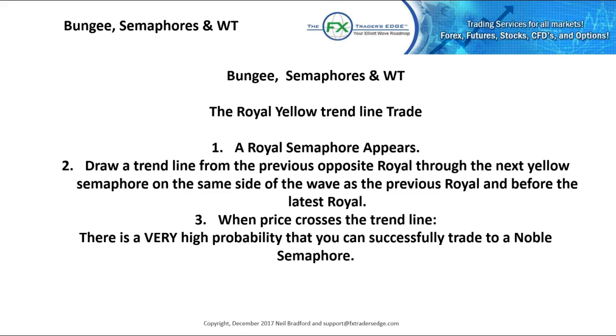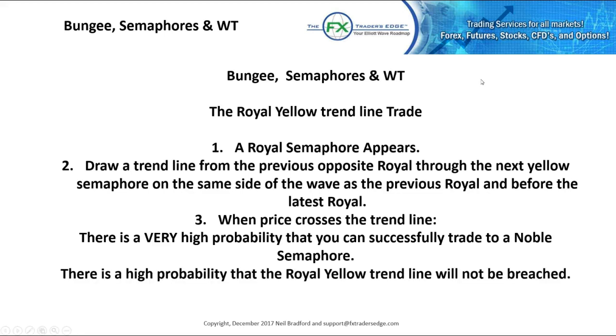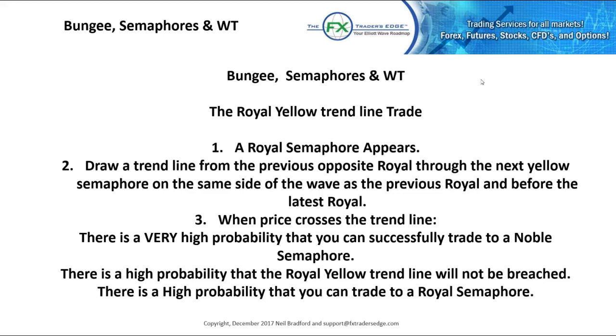She got 39 out of 40 successful trades doing this. In addition, there is a high probability that the royal yellow trend line will not be breached and that price will continue past the noble semaphore to a royal semaphore.